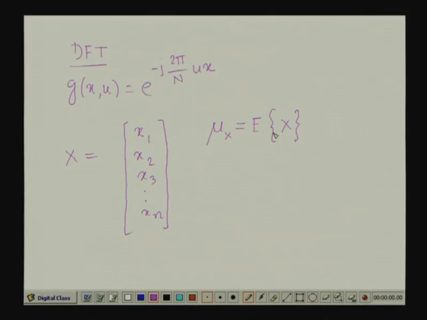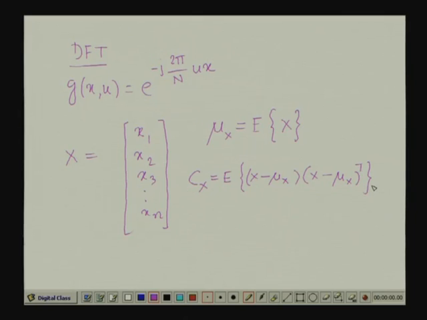Similarly, we can also find the covariance matrix Cx, which is given by the expectation value of (x minus the mean vector mu x) into (x minus mu x) transpose.